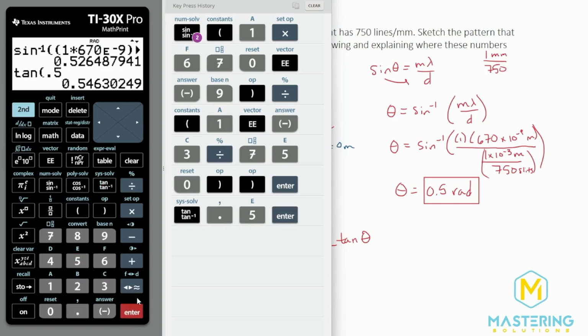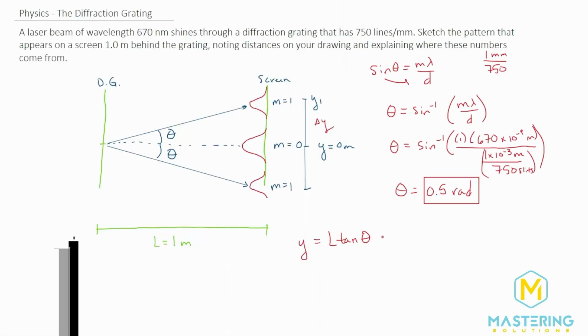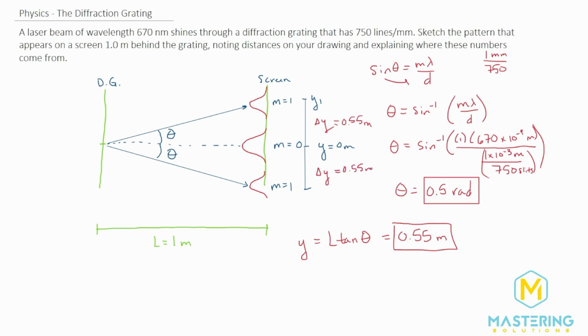And so that is 0.55 meters. So the y to each of these is 0.55 meters. y there is 0.55 meters. And the angle, of course, is half of a radian, and we have everything else labeled. So there you go. That is the answer to this question.